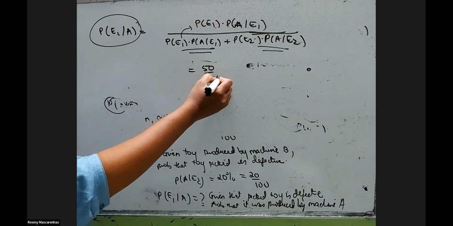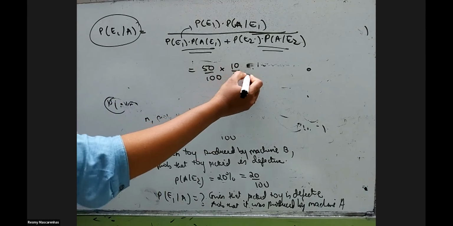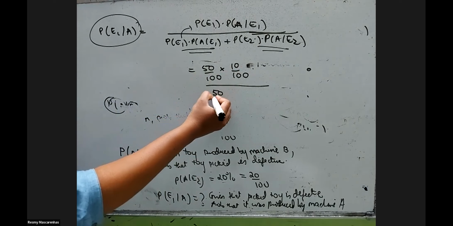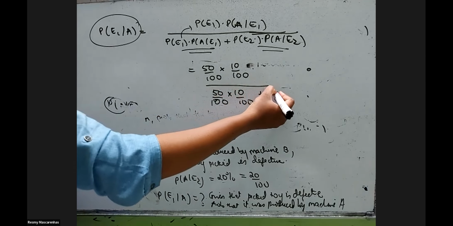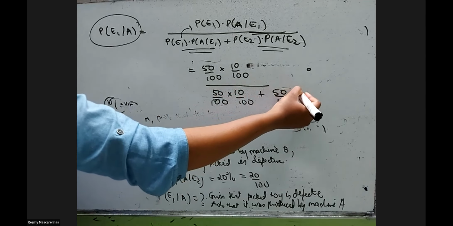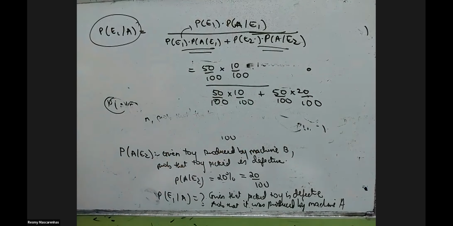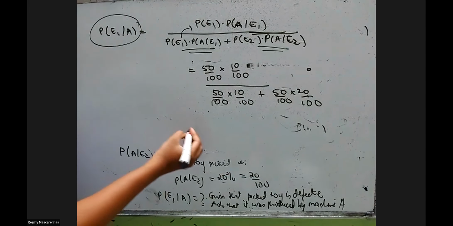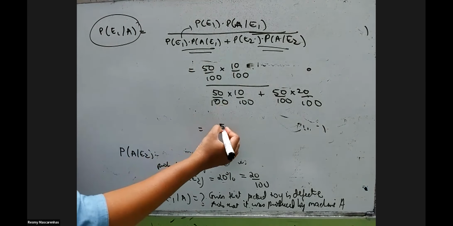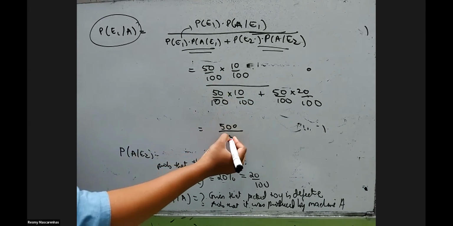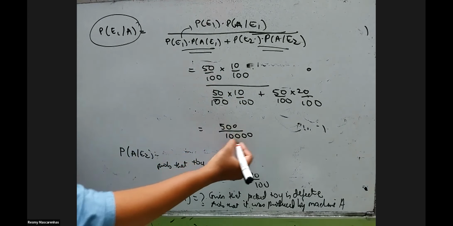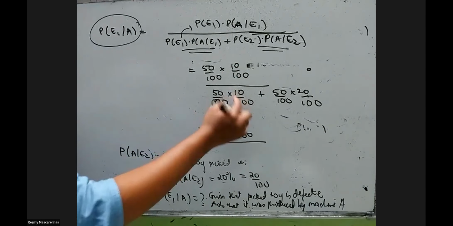50 upon 100, 10 upon 100. So denominator becomes the same. You don't have to cross multiply now. 50 into 10 will be, don't cancel again here, keep the denominator as it is. So 500 upon 4 zeros, so this will be 500.